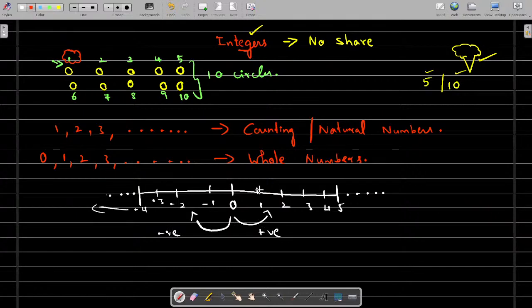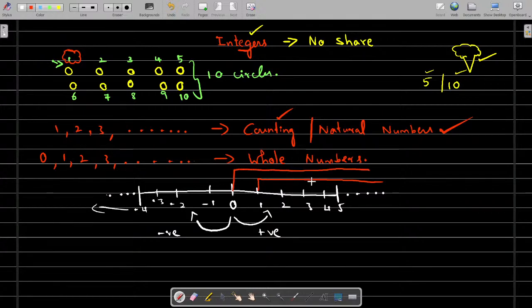If you start from 1 and all the values lying to the right side, it's what you call as natural numbers or counting numbers. You know this, right? Natural numbers, or the other name for natural numbers is counting numbers. With this 1, 2, 3, if you take also 0 with this, you call this as whole numbers.